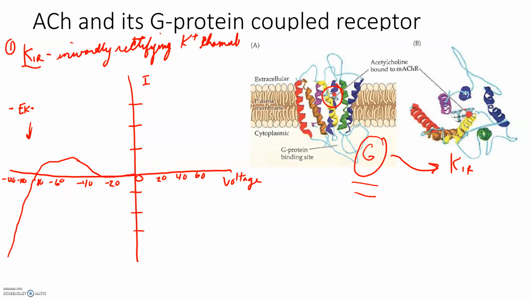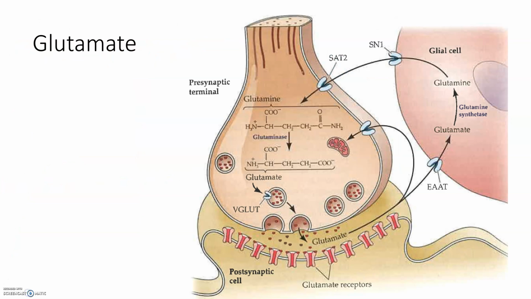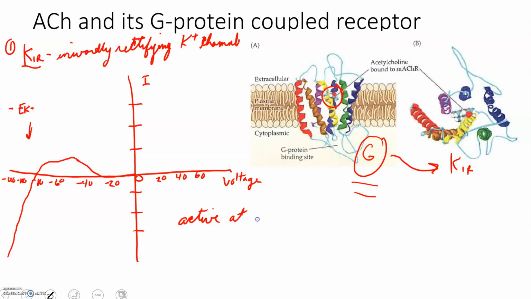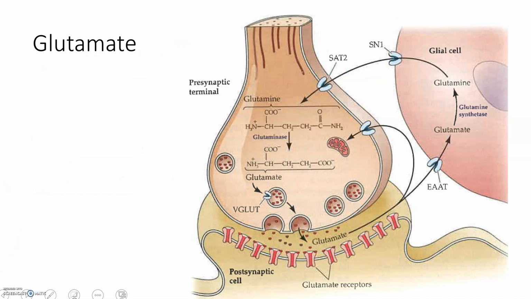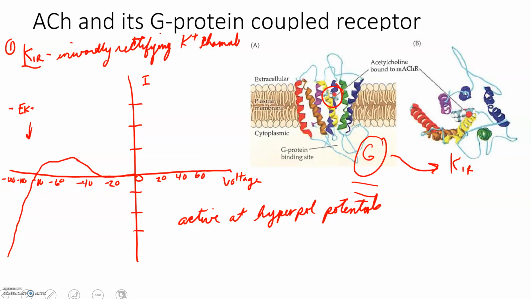So these inwardly rectifying potassium channels are active at very hyperpolarized potentials. Typically what they do is they hold the cell near EK.